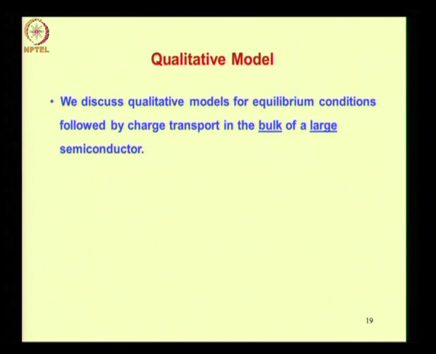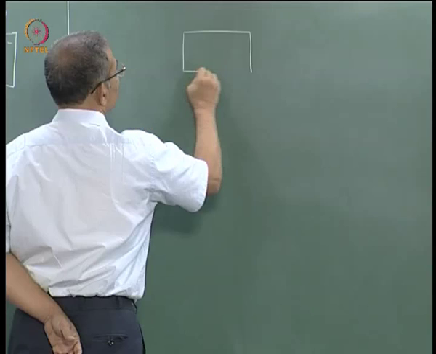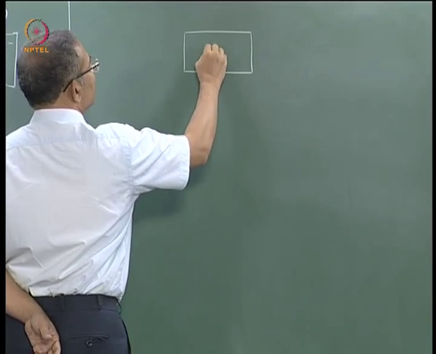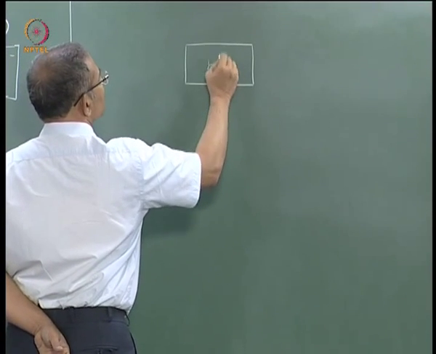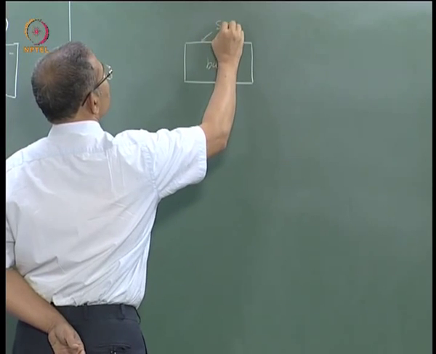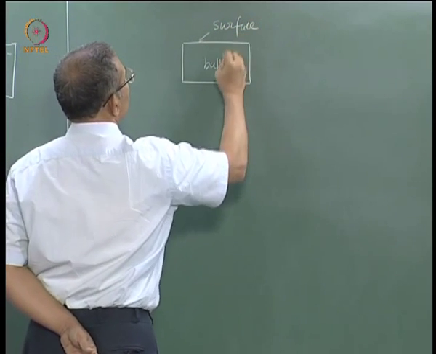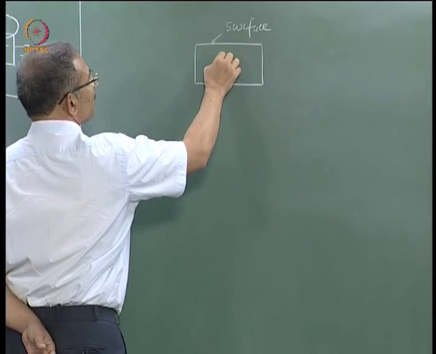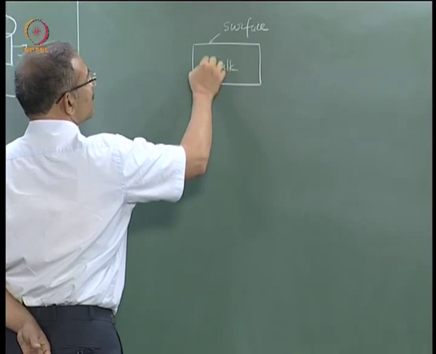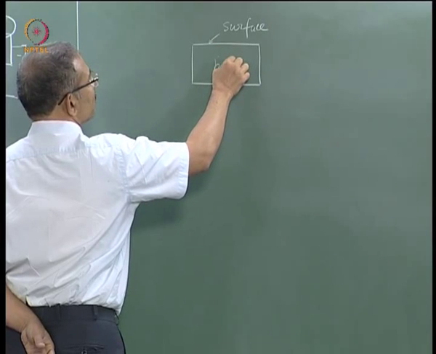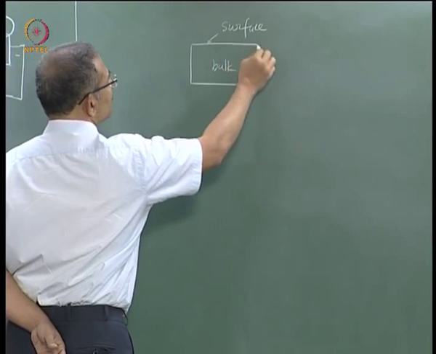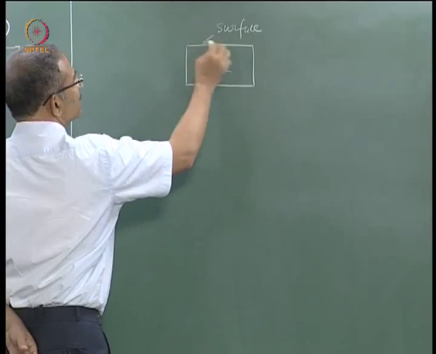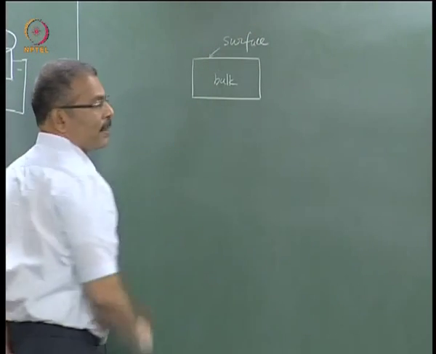So suppose this is our semiconductor, then we can identify two regions clearly. This is bulk and this is surface. So what we are saying is we are going to be in this region away from the surface, and it is in this region that we are going to consider the transport. Further, this semiconductor sample itself will be sufficiently large.